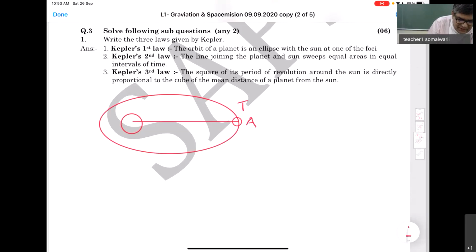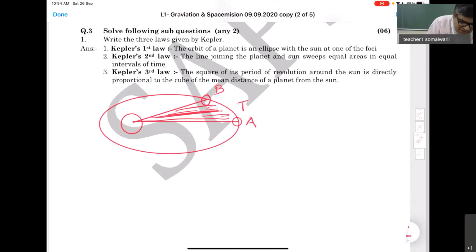In time interval t, suppose it goes to this position, let's call it position B. The line that joins the planet and the star sweeps this much area in interval t. Kepler's second law says that wherever in the orbit the planet may be, it always sweeps equal area in equal interval of time.